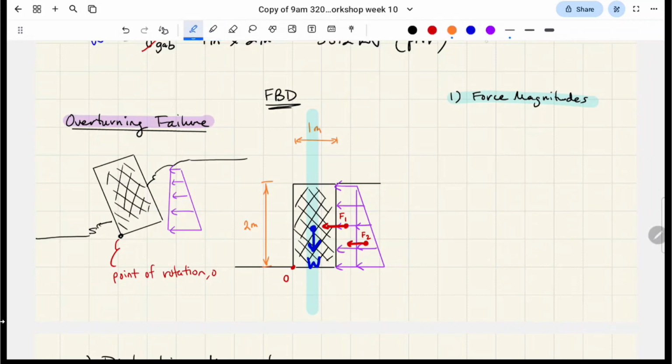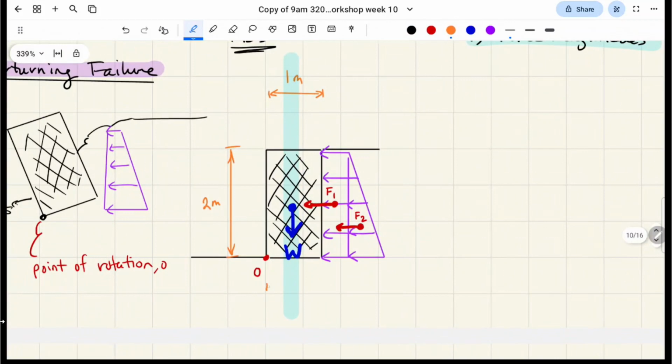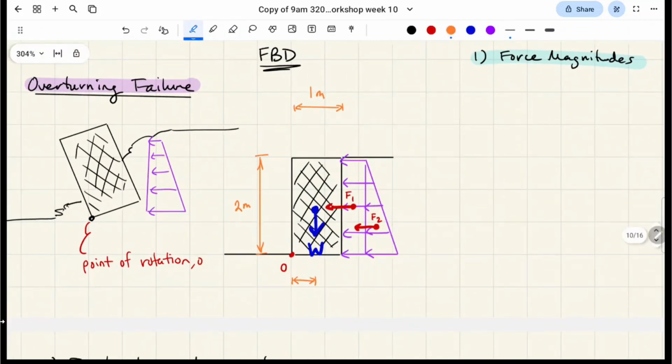And the idea of a lever arm is from our point of interest, in this case, point O, the lever arm is the perpendicular distance from the line of action of our force to our point O, right? So that's going to be our lever arm there, yeah? In which case that is going to be 0.5, okay?